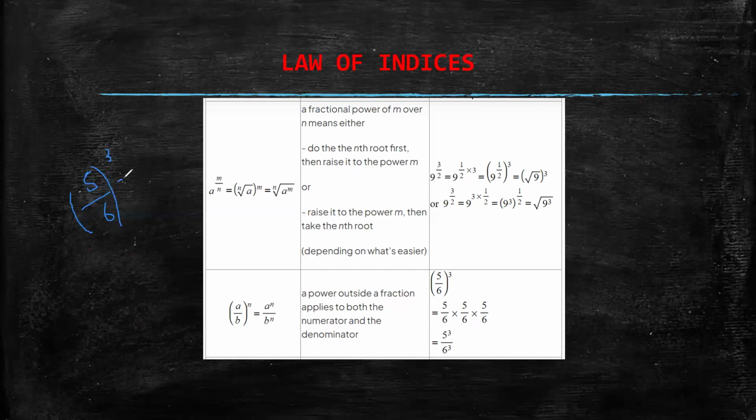So we just give the power to the 5 and the 6 separately. We give this power 3 to the number 5 and the 6 separately. That's it. We cannot cancel anything here, subtract the power, or add the power. So remember that the rules can only apply when the bases are the same. When the bases are not the same, we cannot apply the laws of indices. So I hope everything is clear.